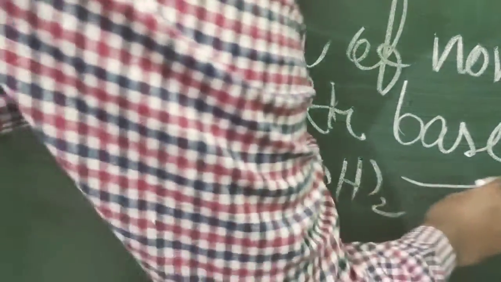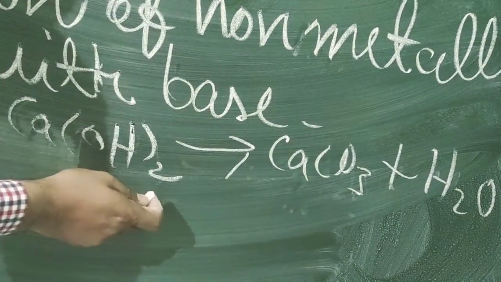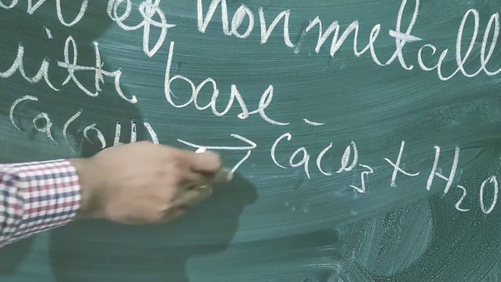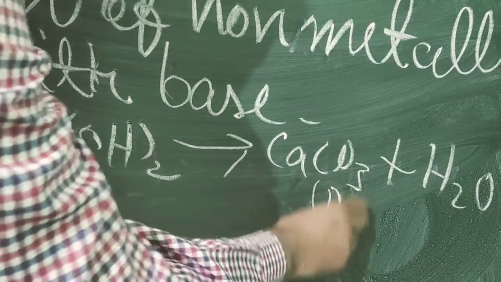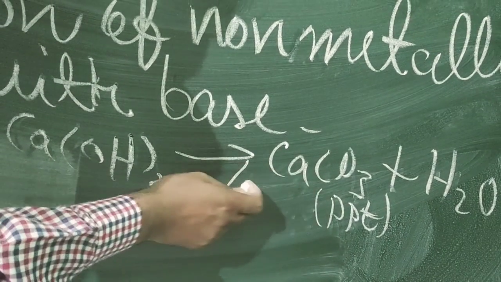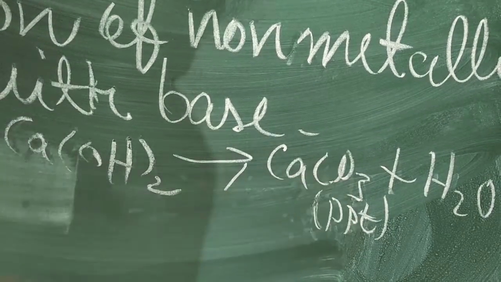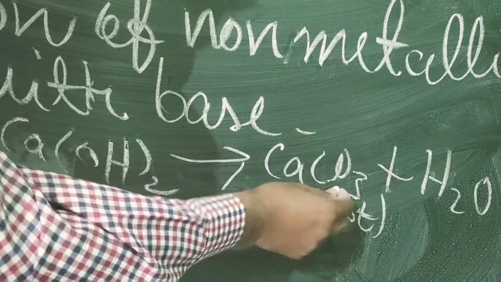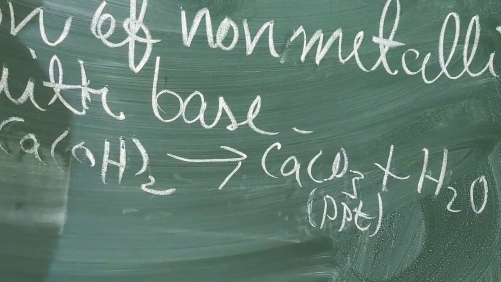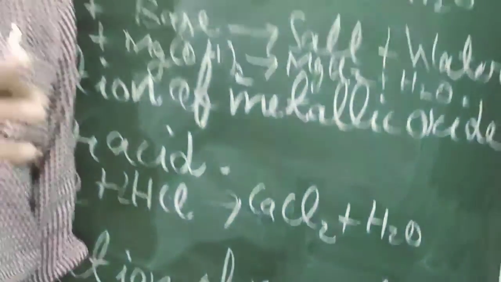It forms CaCO3 plus H2O, and this reaction is also known as precipitation reaction because CaCO3 is insoluble in water and it has the milky structure or milky suspension in water. That's why this reaction is also known as precipitation reaction, student.